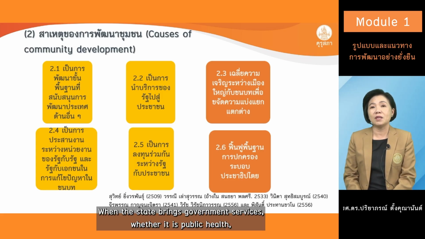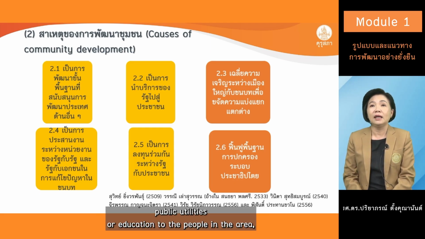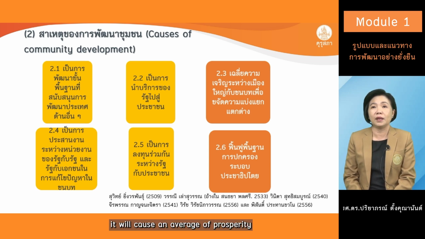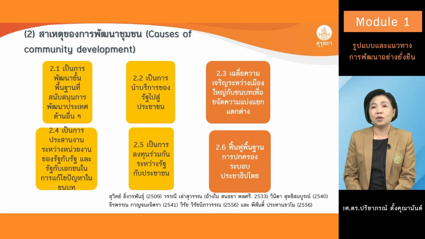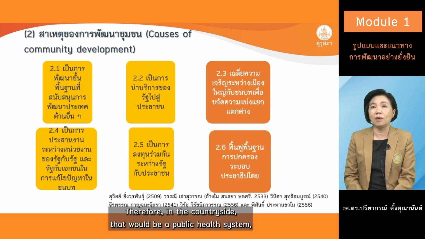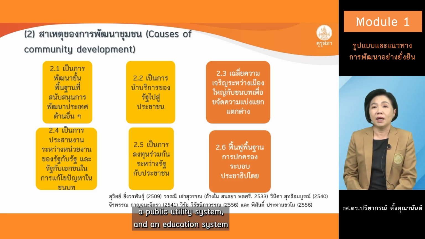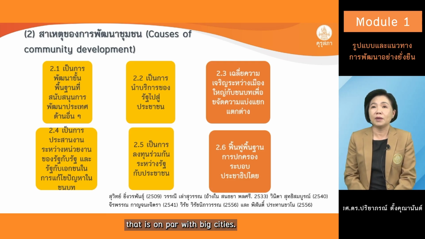When the state brings government services, whether it is public health, public utilities, or education, to the people in the area, it will cause an average of prosperity between big cities and rural areas, to eliminate divisions. Therefore, in the countryside, there will be a public health system, a public utility system, and an education system that is on par with big cities.